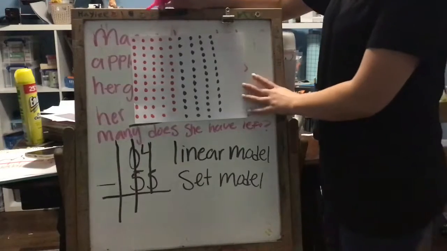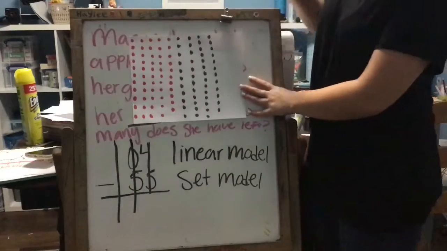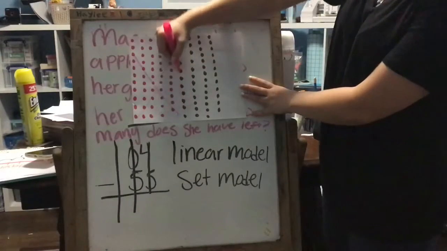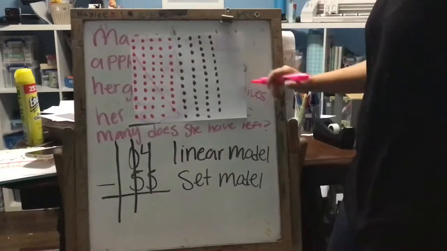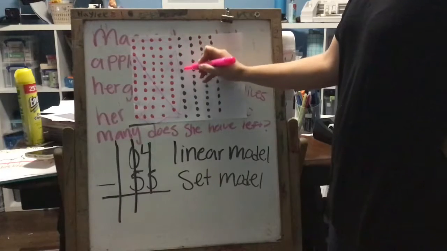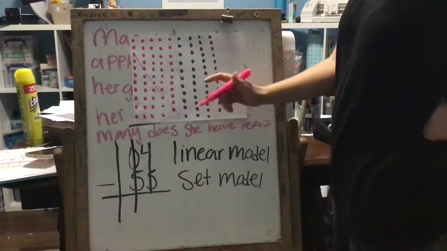So I went ahead and color coded it, and if I counted correctly, this should be 55 in the red. So what I can do is cross it out, circle it to show that we gave that to Grandma. So the answer is what I have left. So I'll go ahead and count and decide how many we have left.